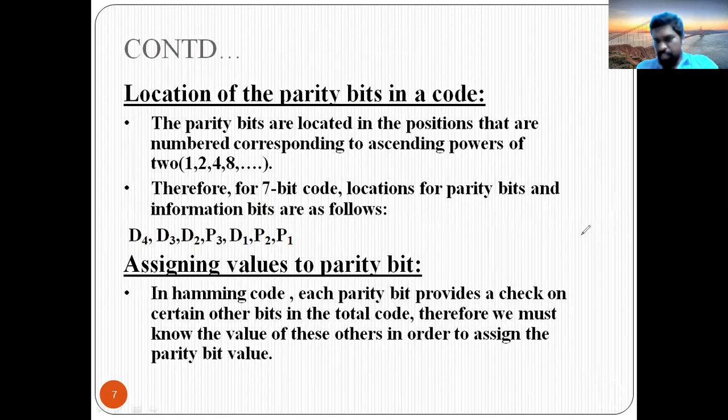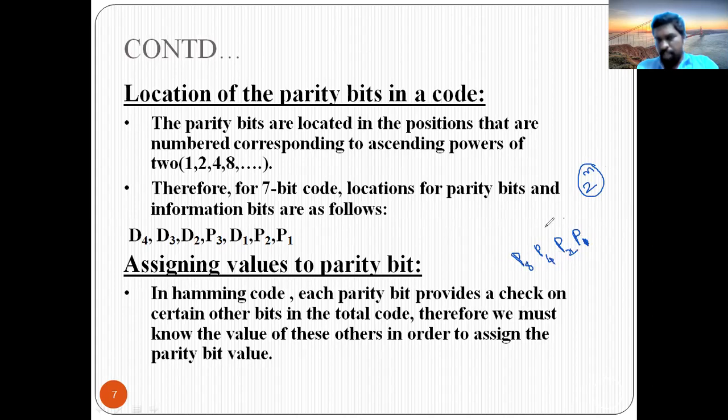Now, how will the positions of parity bits be? Always the positions of parity bits will be P1, P2, P4, P8. I am writing just the powers of 2. Always it will be in powers of 2. 2 power 0 means 1, 2 power 1 means 2, 2 power 2 is 4, 2 power 3 is 8, like that.